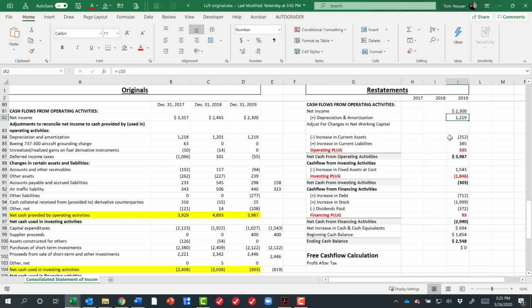Then to adjust for current assets and current liabilities changes. When we look at the total of that, I get a total of 3652. But over here on the original cash flow statement, they had a total of 3987. So I need to plug that with an extra $335 million of cash from operating activities so that my total, when I calculate it here, matches their total.